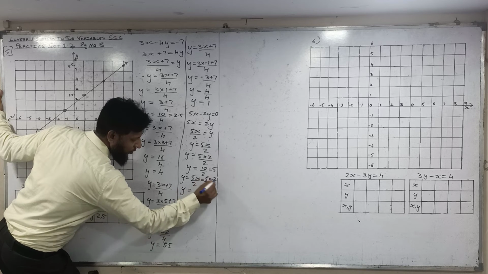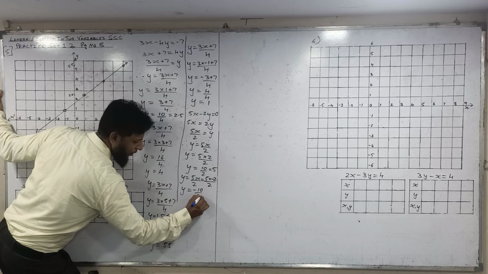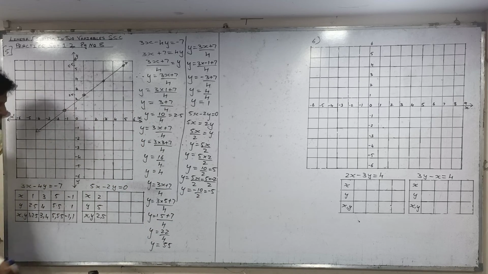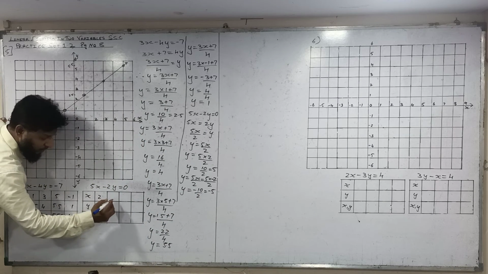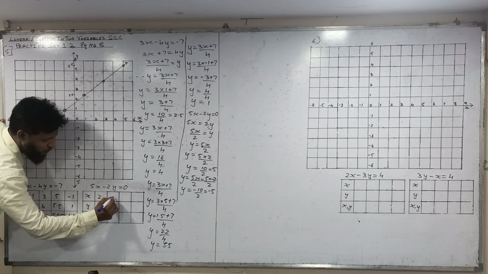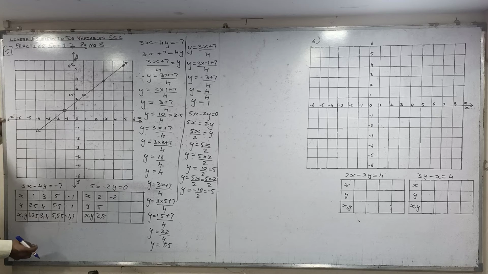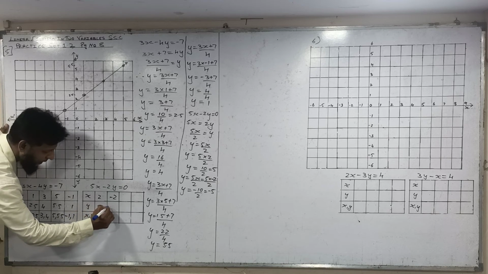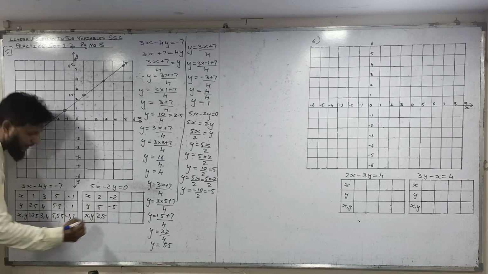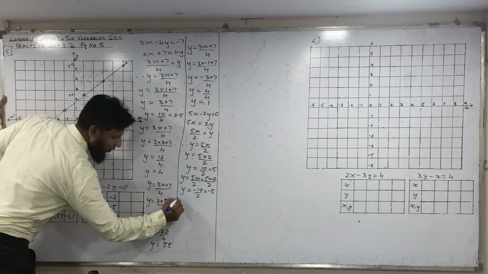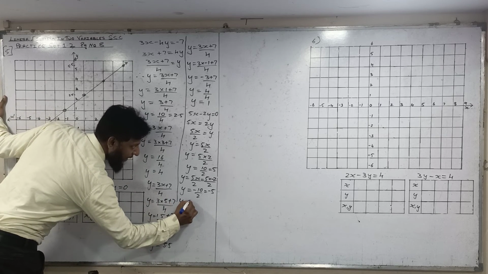So y is equal to 5 2s are 10, minus 10 upon 2. So 2 1s are 2, 5 are minus 5. So when x value minus 2, you get y value minus 5. Minus 2 and minus 5.